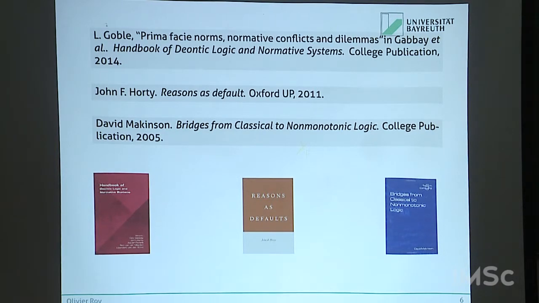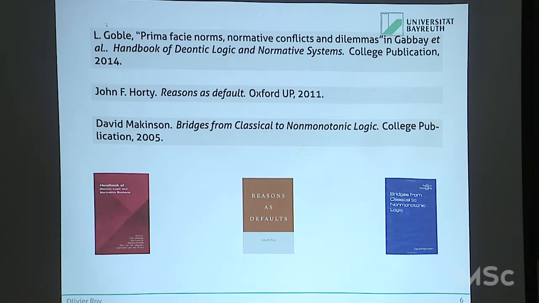And I'm mentioning Makinson here because I will actually present you default logic, which is one particular case of non-monotonic logic, as Horty presents it in his recent book, Reasons as Default. But that's just one type of non-monotonic logic; there are other types that exist, and Makinson presents them and relates them.